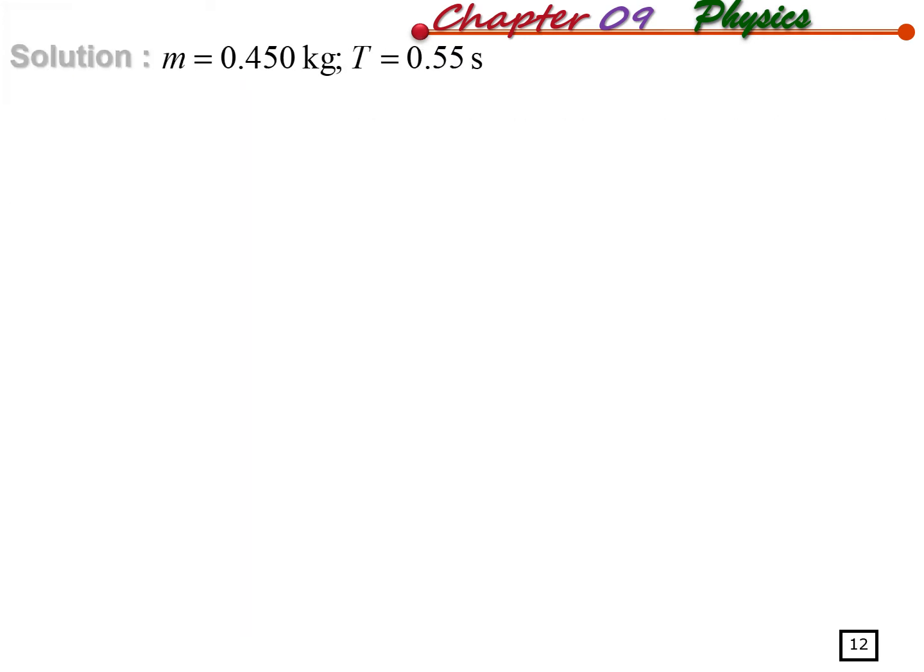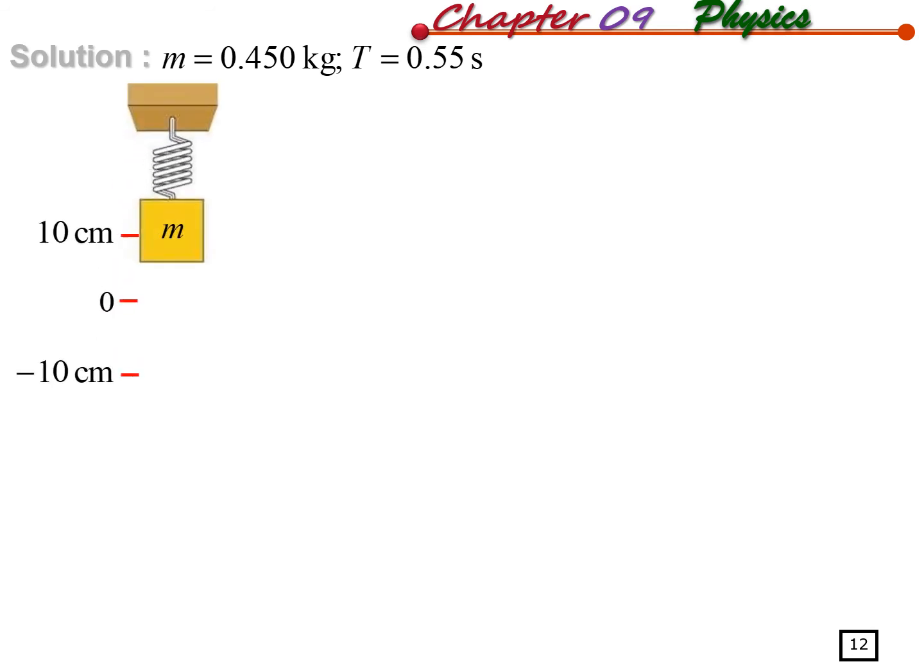So to guide our problem solving, information given is that we have mass and then the oscillation was given. So one complete oscillation, the time taken is 0.55 seconds, so that will be the period. Since you compress a spring which is hanging vertically, that means the starting or initial position will be positive amplitude.